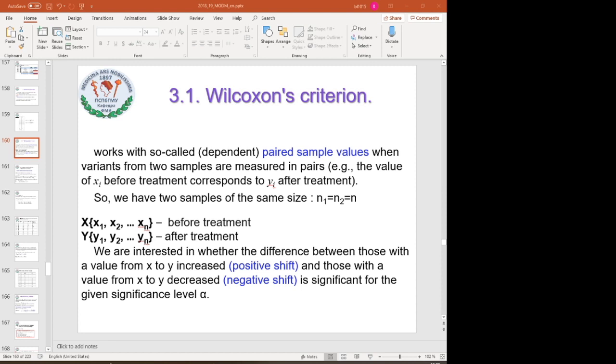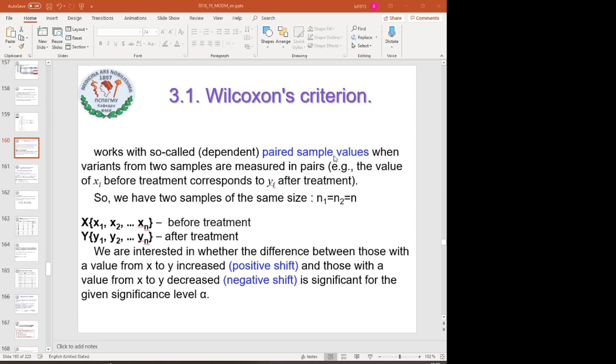The first criterion is the Wilcoxon criterion, and this is the first criterion in our course that deals with dependent or paired sample values. What does it mean? For example, we have a sample of several patients, and some parameter was measured before and after treatment.